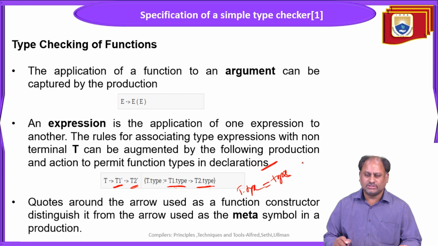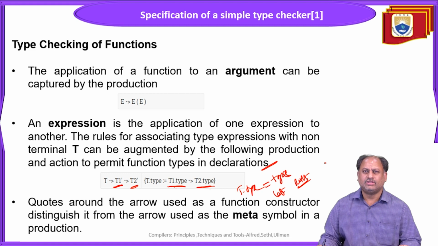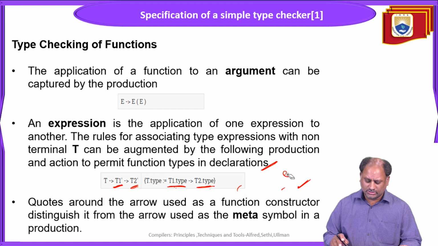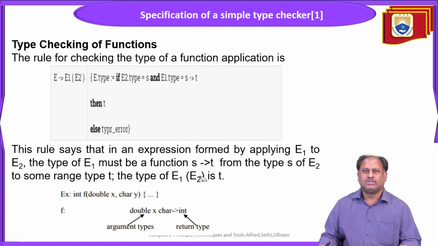Then we can say that the type checking of the left side and right side of the function is verified, the application of one expression to another takes place and association also happens, so there is no problem. Else type_error is determined.